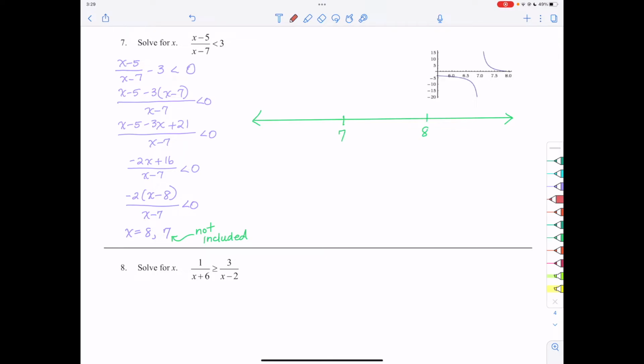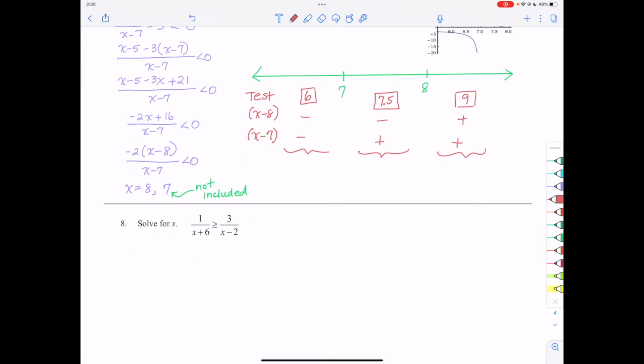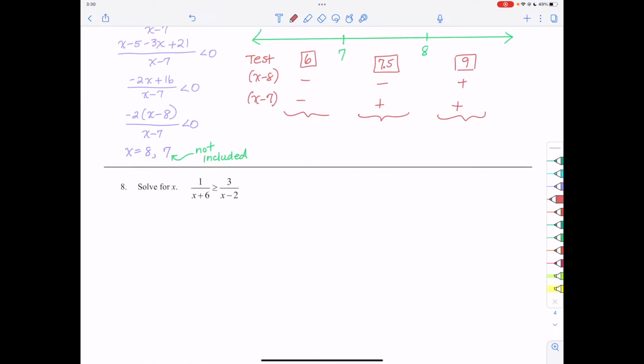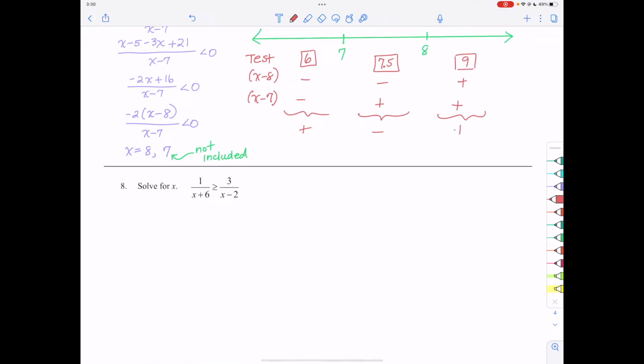And let's go ahead and do our test values. And we could test 6, 7.5, and 9. And plugging those in, as you can see here, we would have a positive, negative, and a positive.